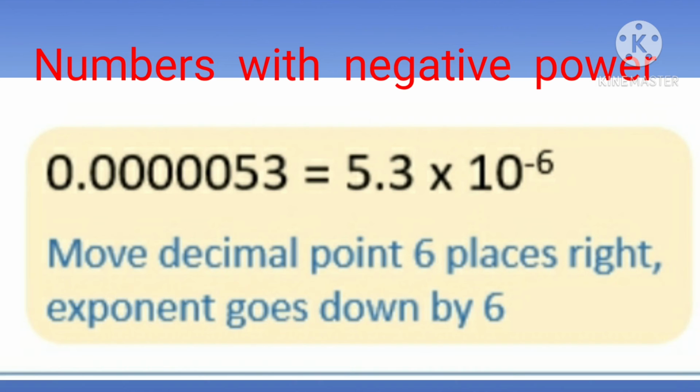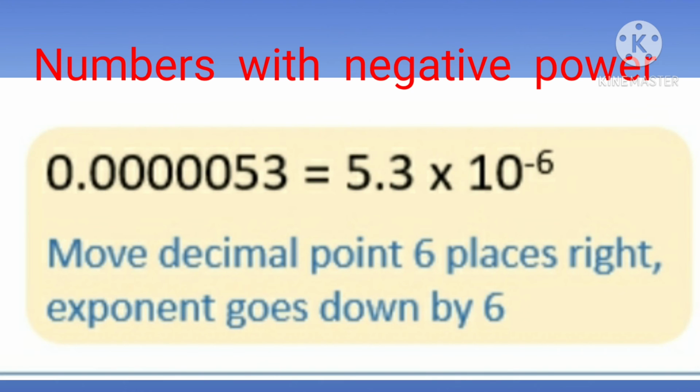Now check this number, which is a decimal number where the whole number part is 0. So we have the number 0.0000053. The numeral part is just 53 and we have to bring it to the value of 5.3 into 10 to the power minus 6.